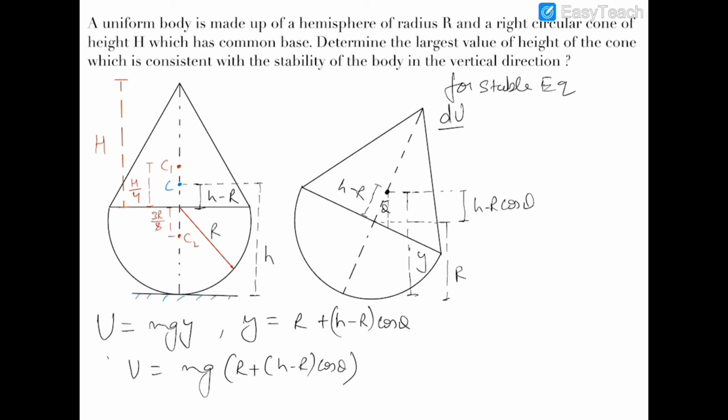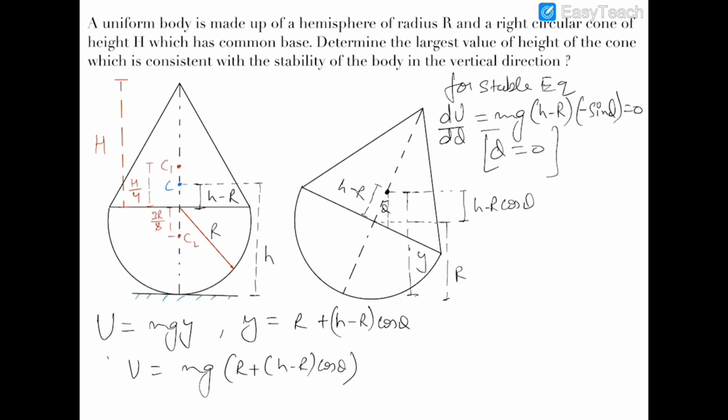Now for stable equilibrium, dU by d theta is equal to mg into h minus r into minus sin theta, which is equal to 0. So this equation is satisfied only when theta is 0.